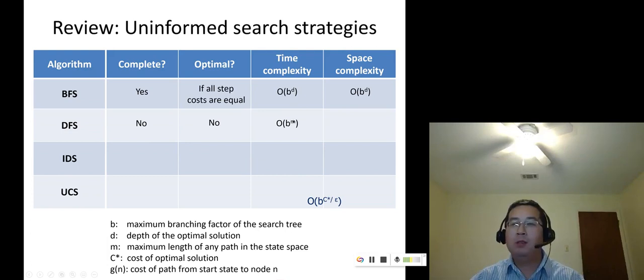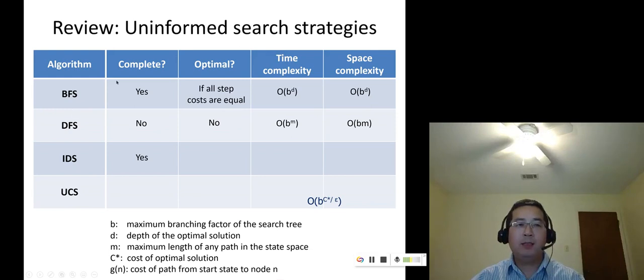So you may visit at most this number of nodes above depth m. And then for space, you just need to save along the path. That's why it's smaller than this one.